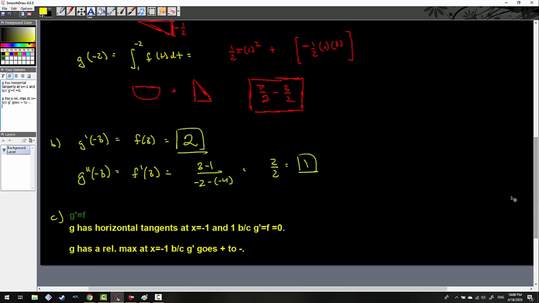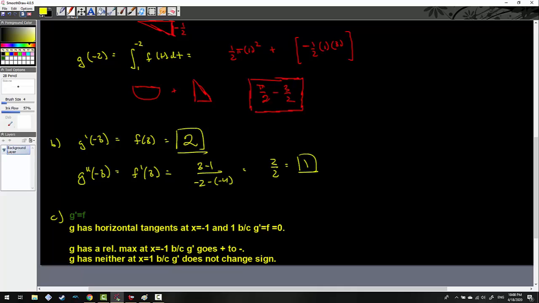Don't fall for it. Remember, the AP exam knows what you know, right? It is trained very well. So don't fall for it. g has neither at x equals 1 because g prime does not change sign. So don't fall for the trap. Everyone's going to fall for the trap except for you.